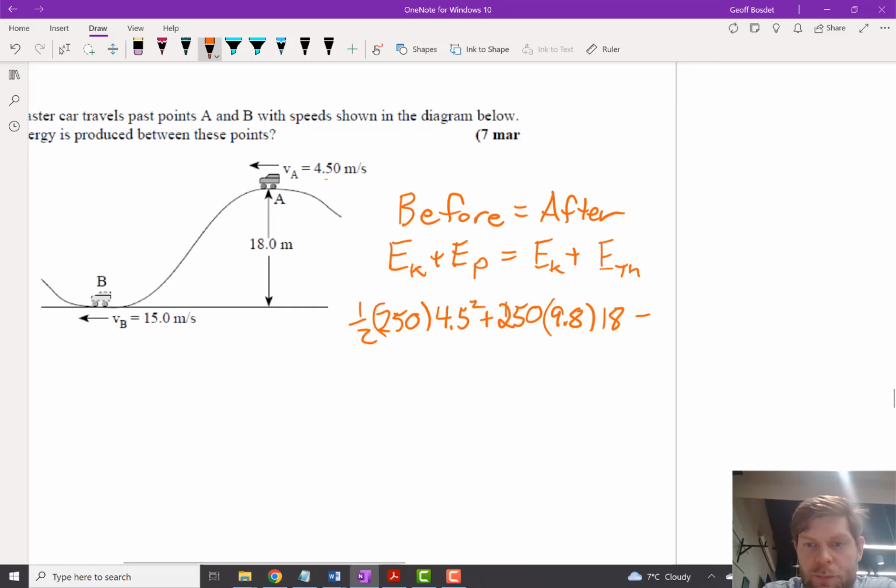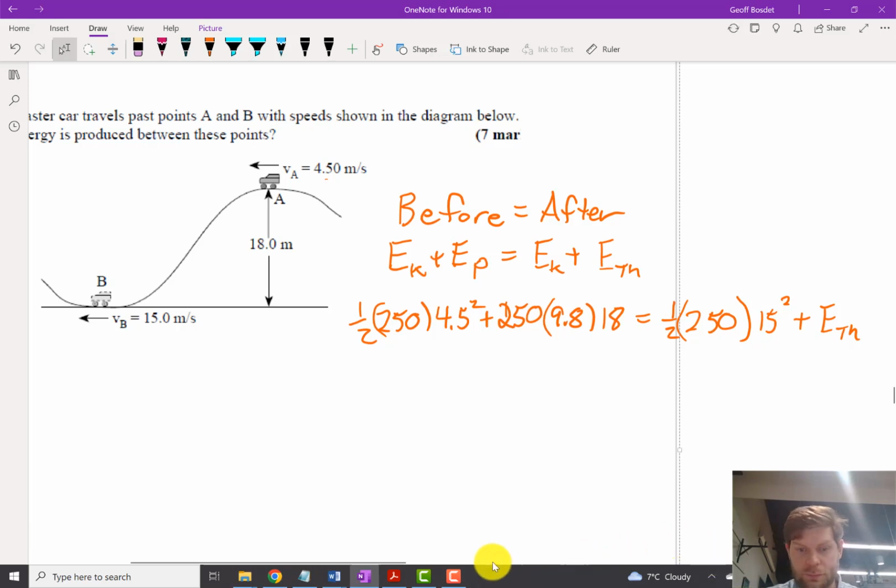So that's our total before. And that's got to equal 1/2 times 250 times 15 squared plus the thermal.